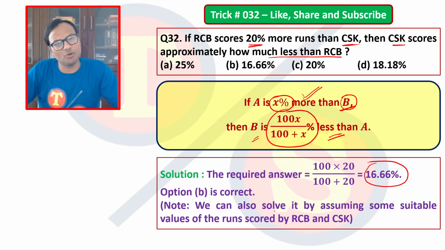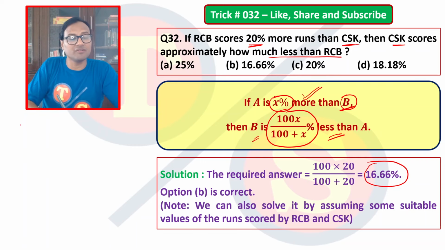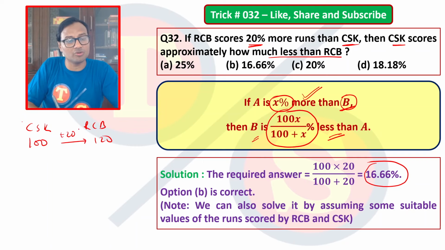Otherwise, if your maths is good, if you have that kind of visualization in your mind, then you can always assume the values. If I am saying that RCB is 20% more than CSK, you just assume that CSK scored 100 runs and RCB scored 20% more than that.